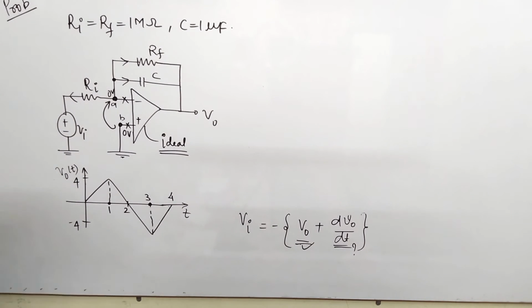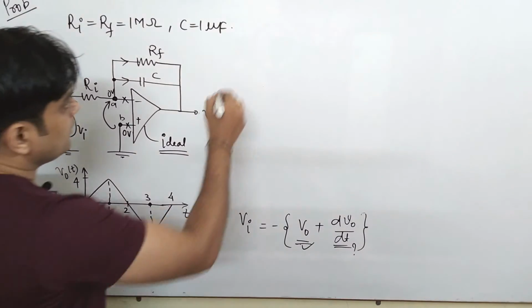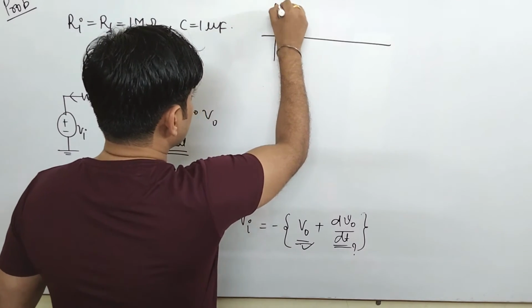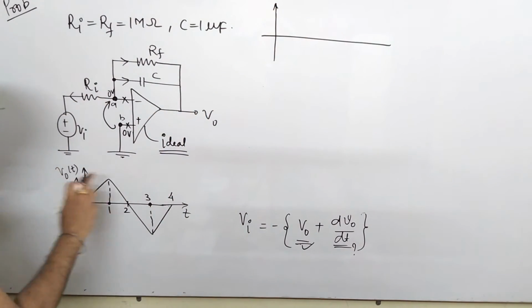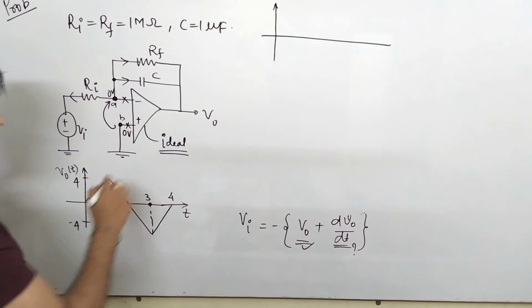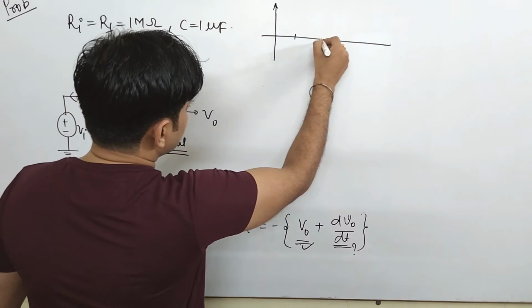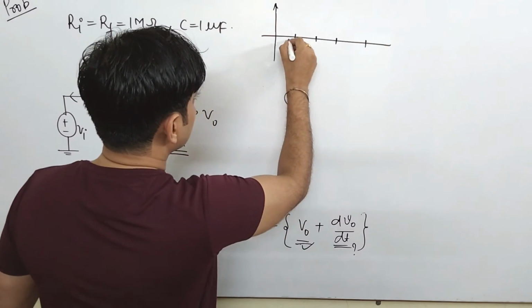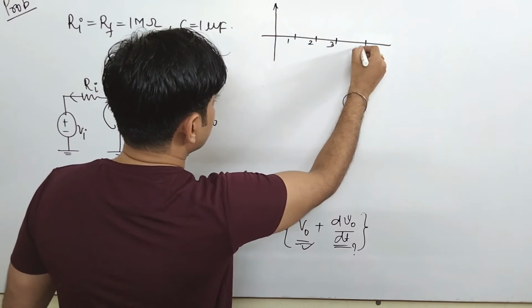Now the value of V0 you already know. Can you find the value of dV0 by dt? As I told you earlier, the differentiation of a ramp signal is nothing but a unit step signal. So can we draw this? Yes, we'll draw this. Now see, I will take it as 1, 2, 3, and this is 4. 1, 2, 3, and this is 4.